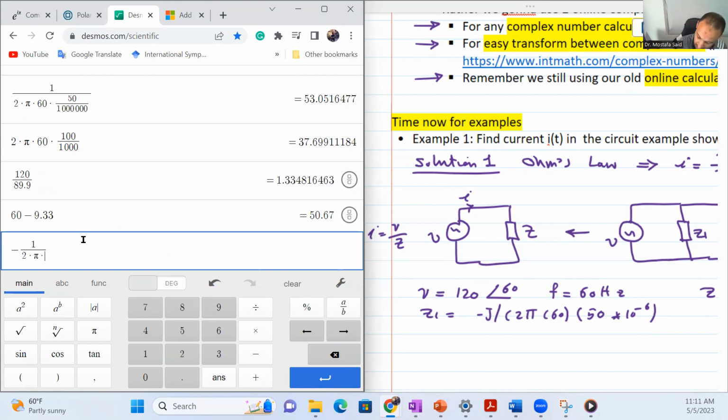Very nice. Multiplied by the frequency, multiplied by 50, then we're going to divide by 1 million. I'm sorry, we're going to multiply by 10 to the power of minus 6. You can just bring it to the numerator and it will be 1 million. Very simple. This is 100,000, not 1 million. Now it's 1 million, 6 zeros.